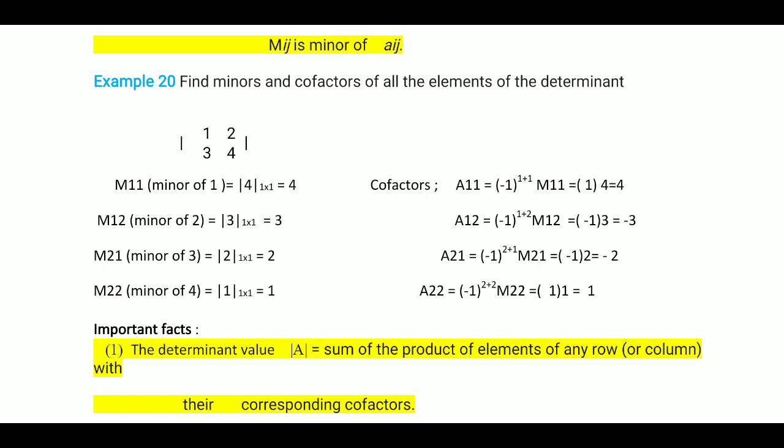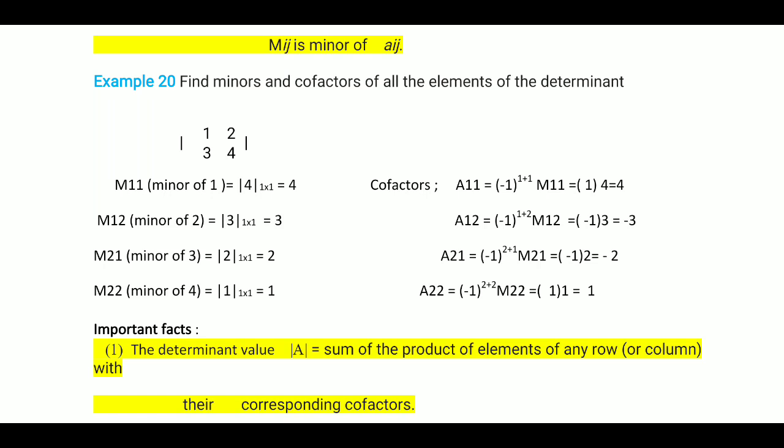So the minor of 1 is found by removing the row in which 1 lies and the column in which 1 lies. It means you have to remove row 1 and column 1. So removing row 1 and column 1, you get only the number 4. So this will be the minor of 1, or you can say M11.